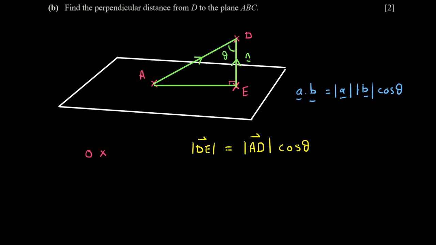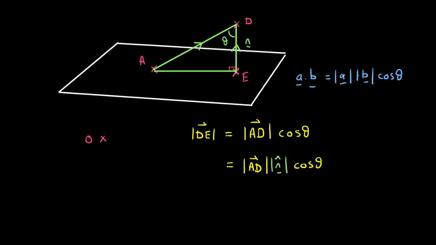Now then, if I was to fiddle with the equation I've got here, I can say I've got the magnitude of AD cos theta, and inside that, I'm going to sneak in the magnitude of the unit normal, right? Now, this is the trick that you basically do again and again and again. It's such an important trick for you to understand. I'm introducing this thing.